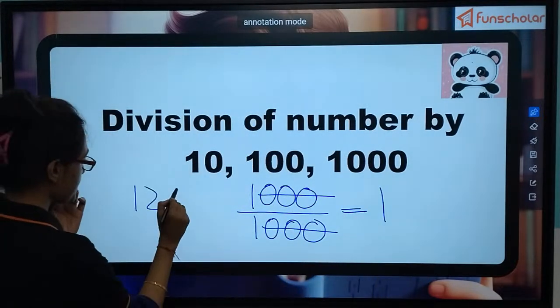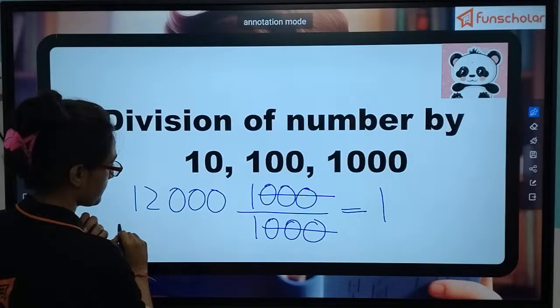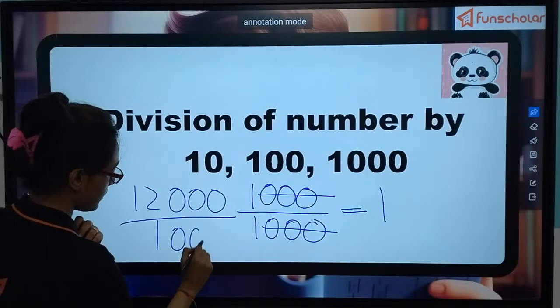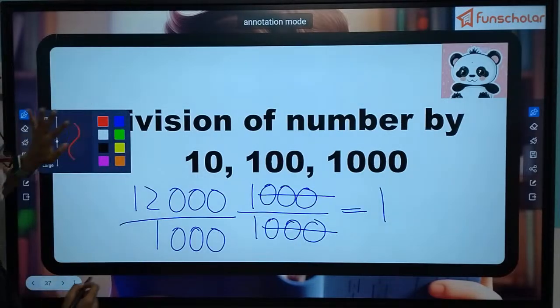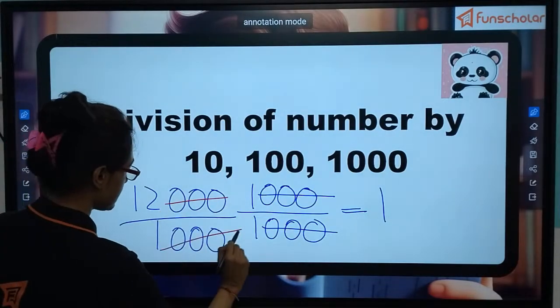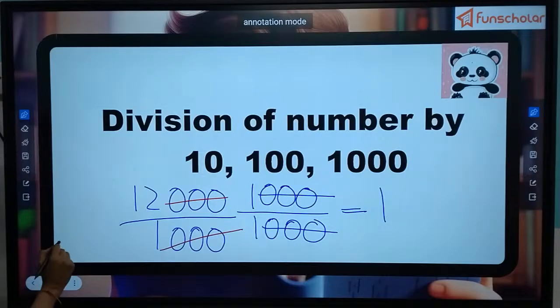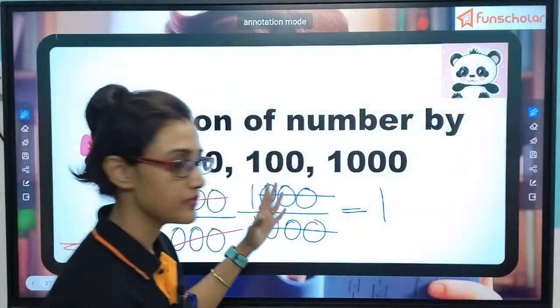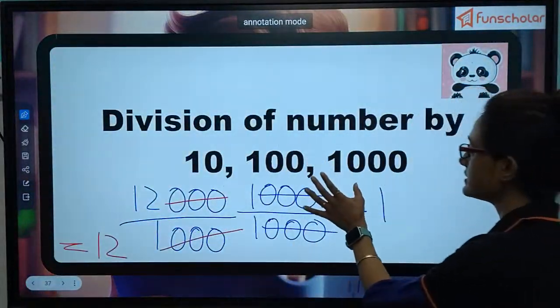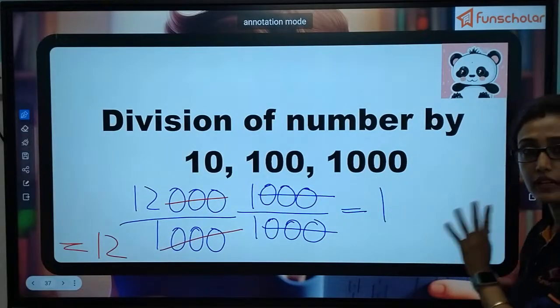Suppose 12000 divided by 1000. There are again 3 zeros. So we will cut this 3 with this 3. 12 divided by 1 equal to 12 itself. So this is the shortest trick of solving division when you have 0 at the end of the number.